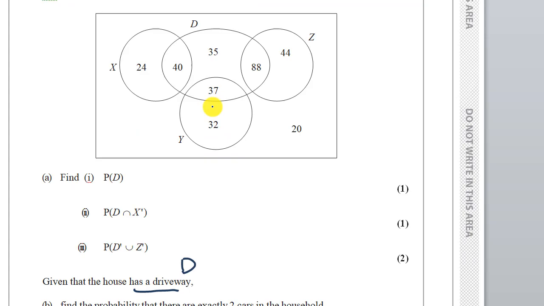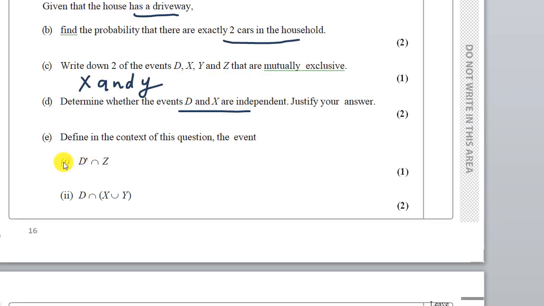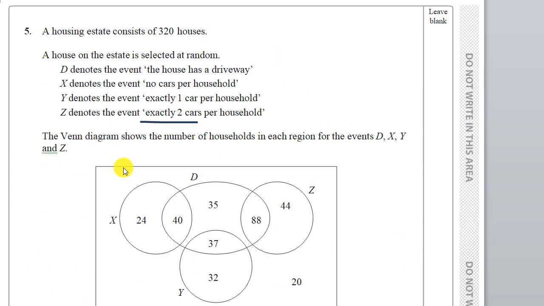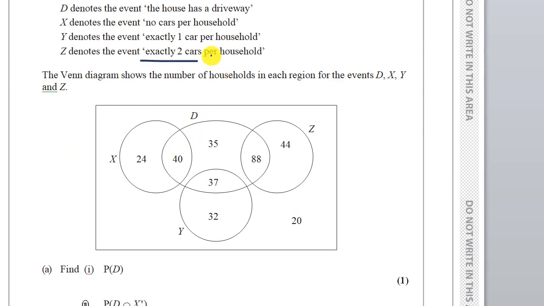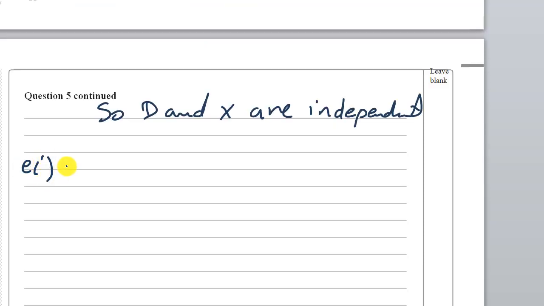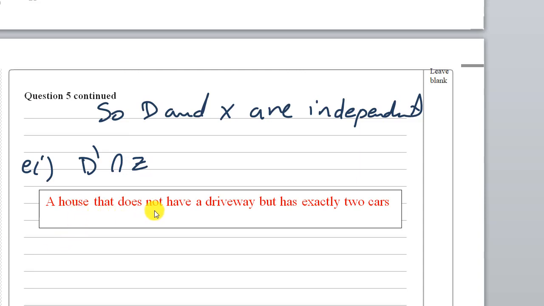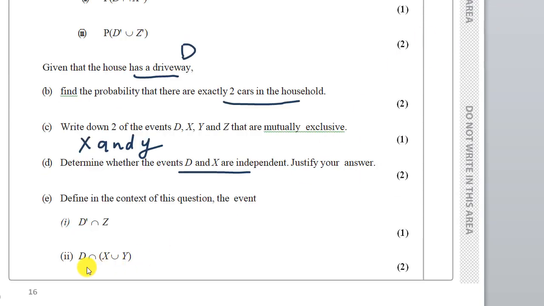So D dash, the house doesn't have a driveway, and Z is exactly 2 cars. So D dash intersected with Z means a house that does not have a driveway but has exactly 2 cars.